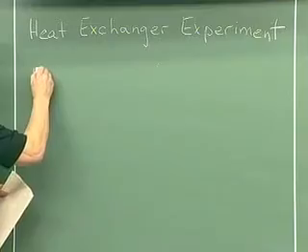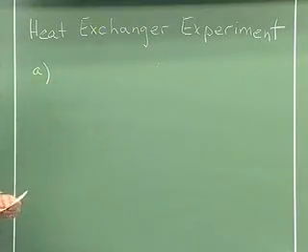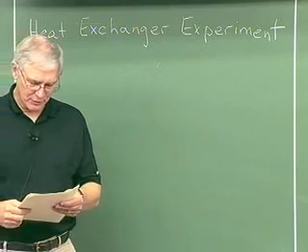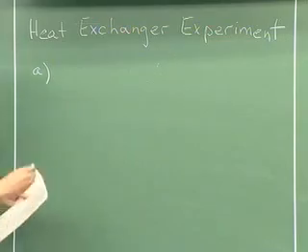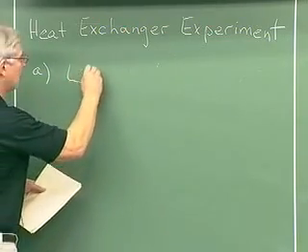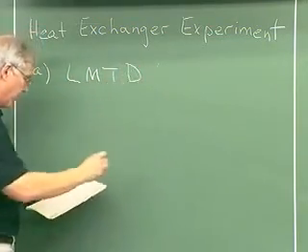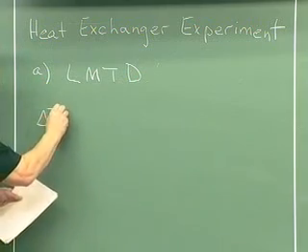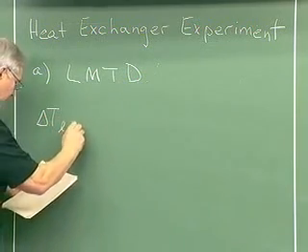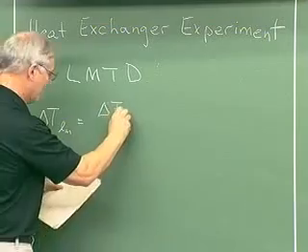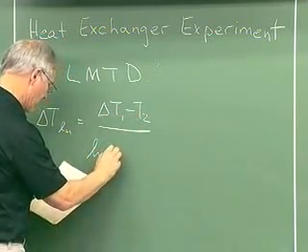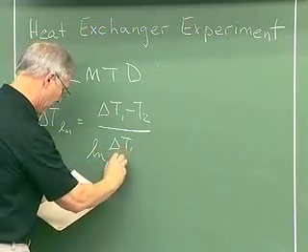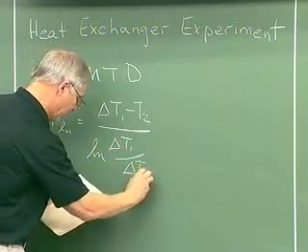All right, the first one asks us to evaluate the log mean temperature difference for each configuration. In class we learned that the log mean temperature difference can be written as delta T1 minus delta T2 over the log of delta T1 divided by delta T2.